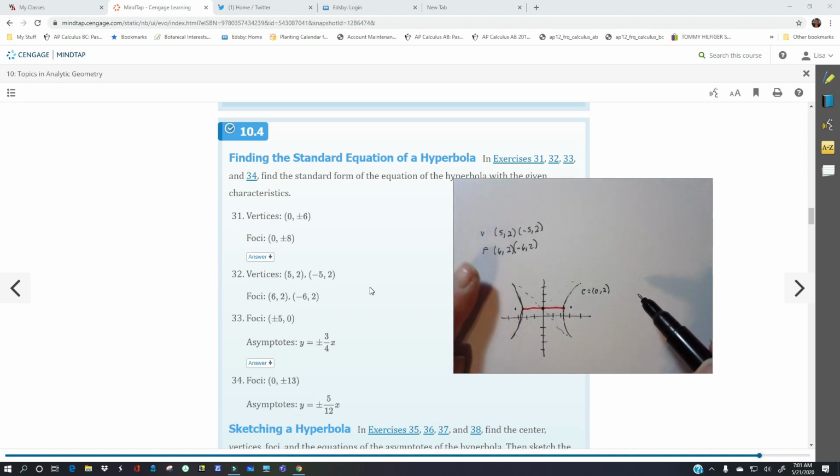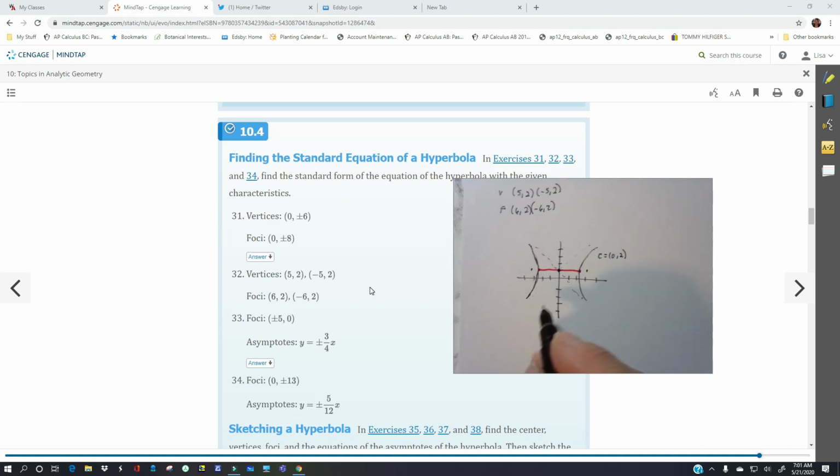So since I have a horizontal transverse axis, I know my formula is going to be x minus h squared over a squared minus y minus k squared over b squared equals 1. Okay? I've got my center, I've got my vertices, I've got my foci. I just need to plug stuff in.